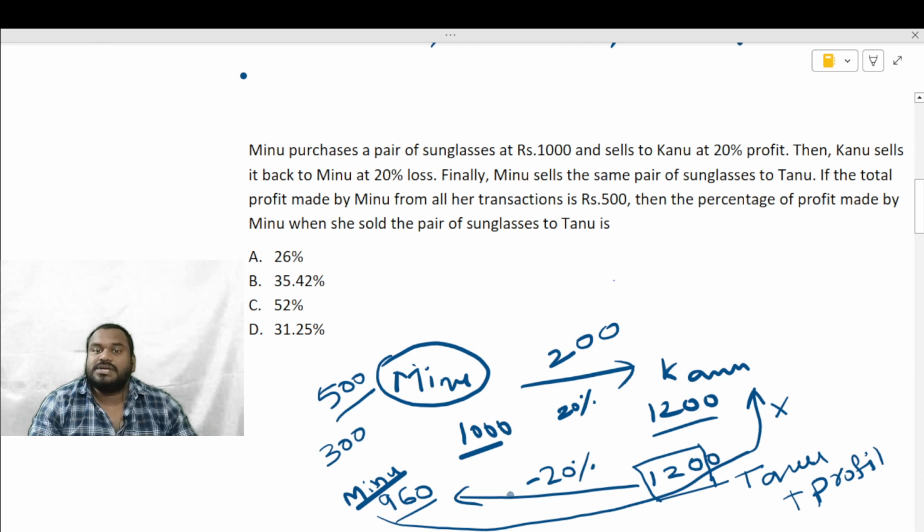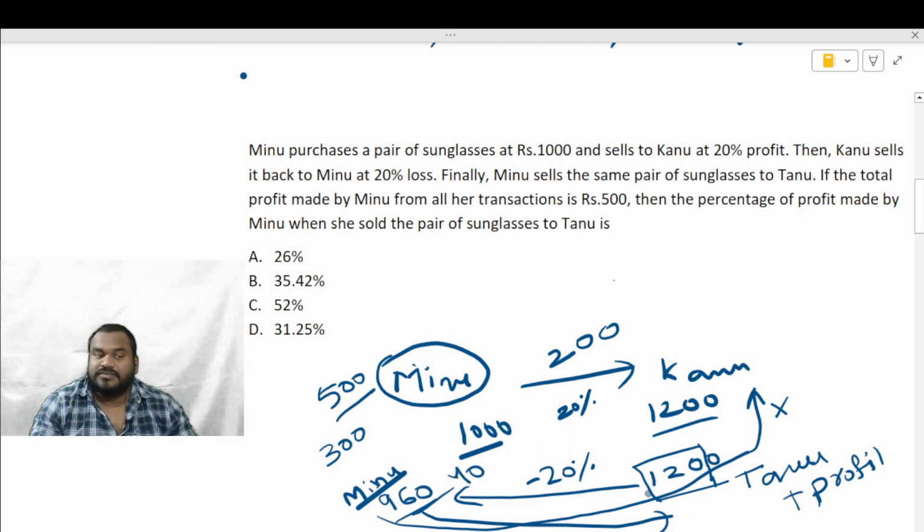So now you see she got it at 960. So she got it at 960. And for how much amount does she have to sell it? Because overall profit is 500. Here, 40 is there.